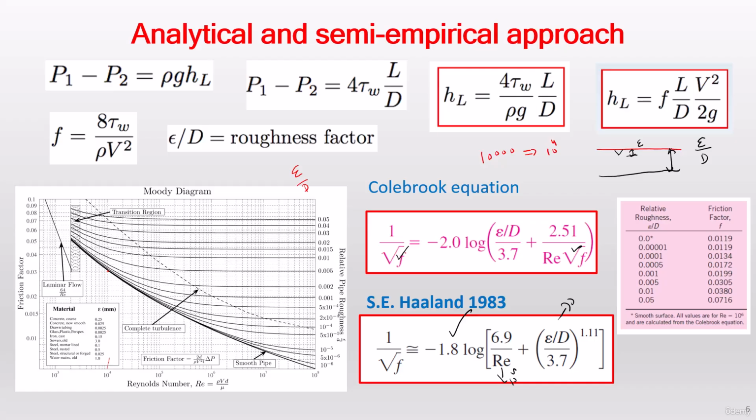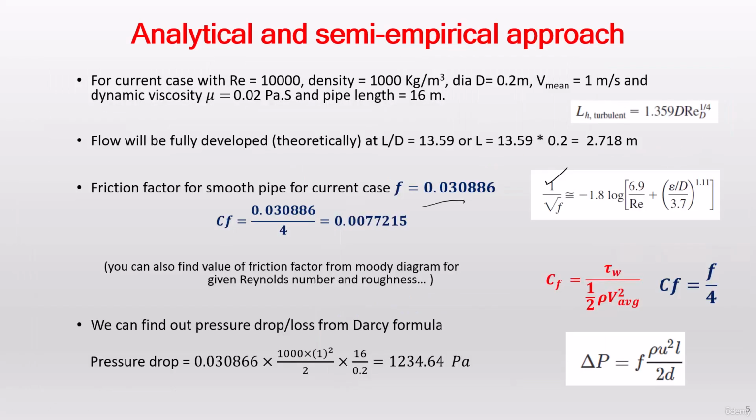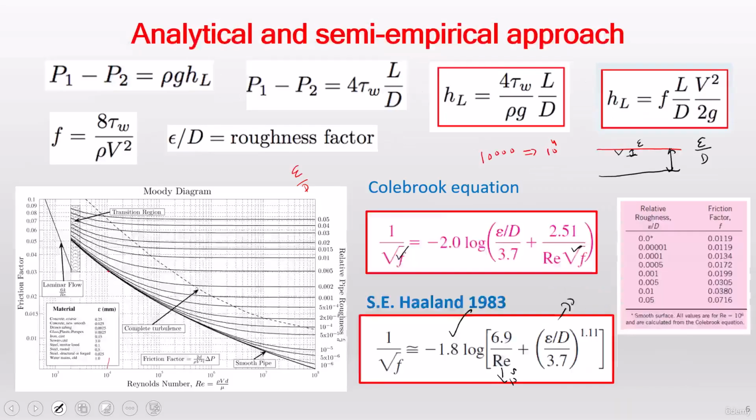Take 6.9 divided by 10,000, then take the natural logarithm, then multiply by 1.9, then invert, and then square. The value will become positive, and we get the values like these. The same can be done with the other equation, but then you have to solve it numerically in Maple or MATLAB, or maybe in some online equation solver, but that's not to be solved on paper.